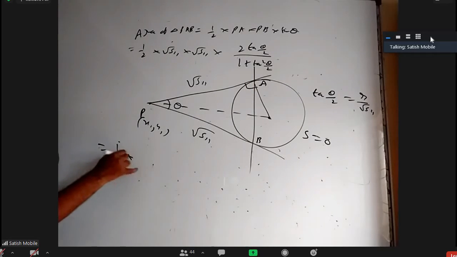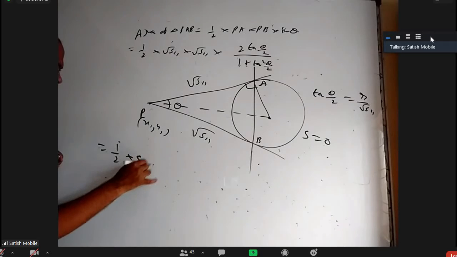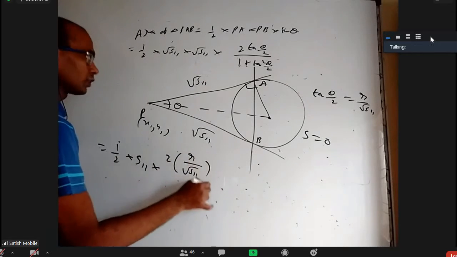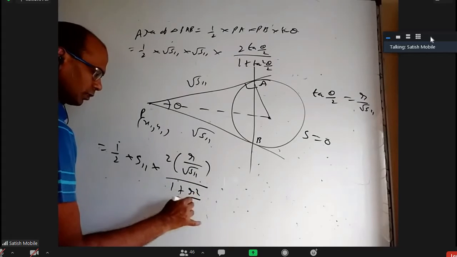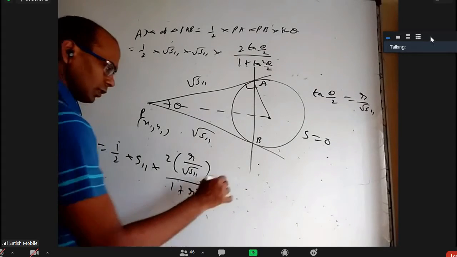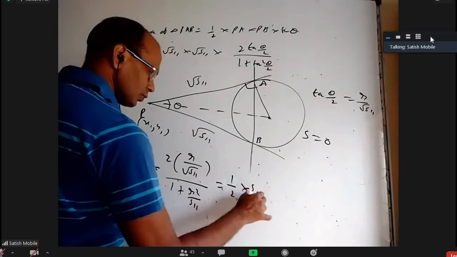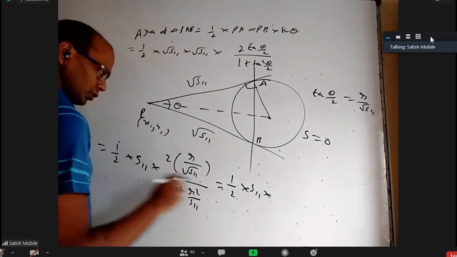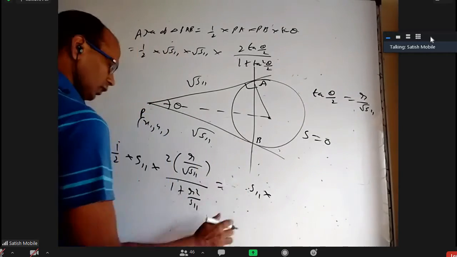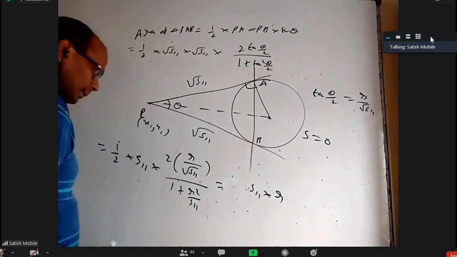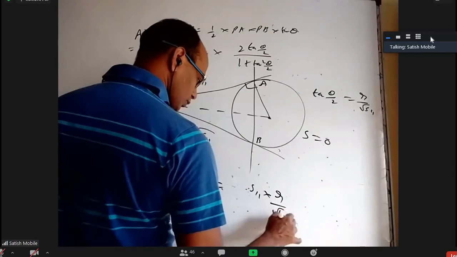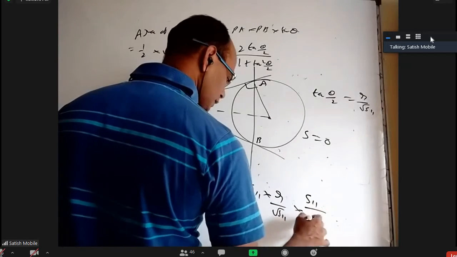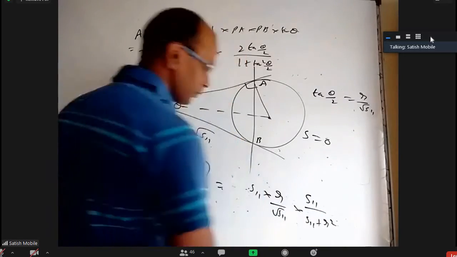So I'll get half into S11, where tan theta by 2 is r by root S11, and this is r square by S11. If I simplify this, I can cancel 2 also. R by root S11, take the LCM and the reciprocal, I'll get S11 by S11 plus r square.